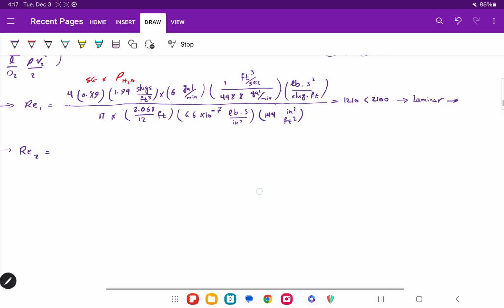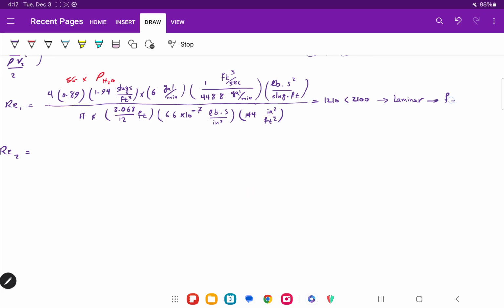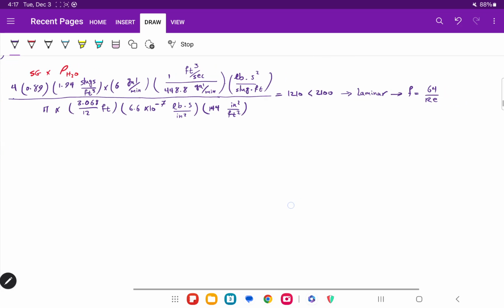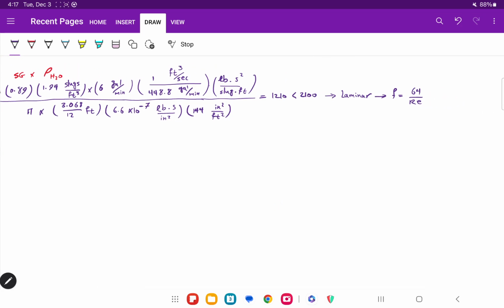So F equals 64 per Reynolds. And you can find it.